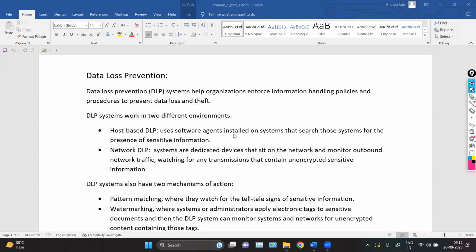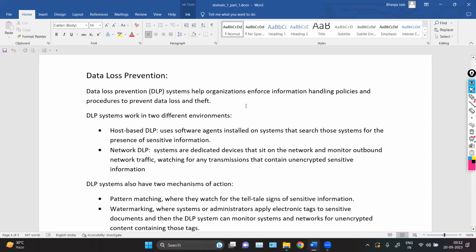We enforce any policy, procedure, strategy, baseline or guideline for preventing data loss or minimizing the effect of data loss or theft, which is a data breach.